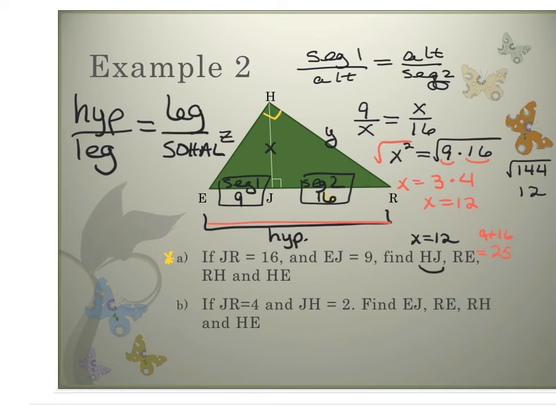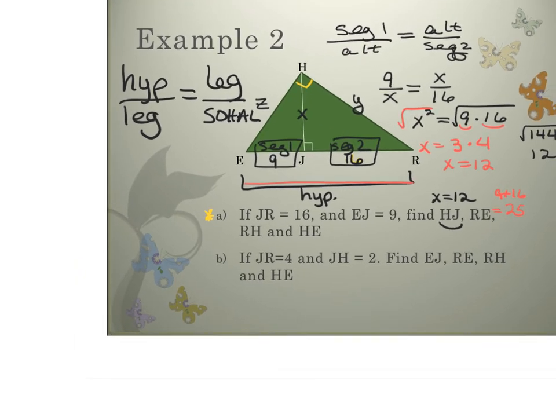I need to do this proportion for Z, and then I need to do it again for Y. I'm going to find Y first because they want me to find RH first.